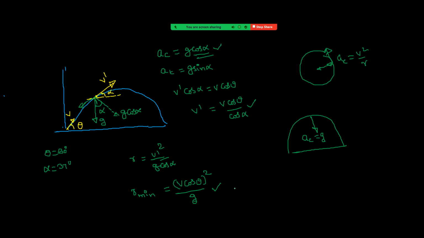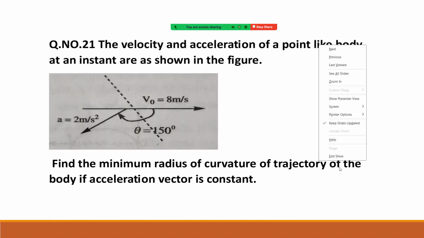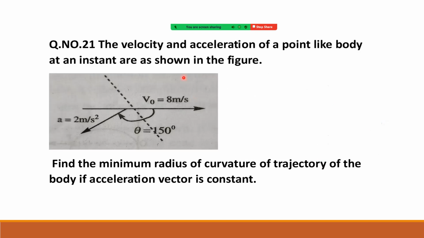Let us see next problem. The velocity and acceleration of a point-like body at an instant are as shown in the figure. Given acceleration vector and velocity vector at one instant, angle is 150, right?